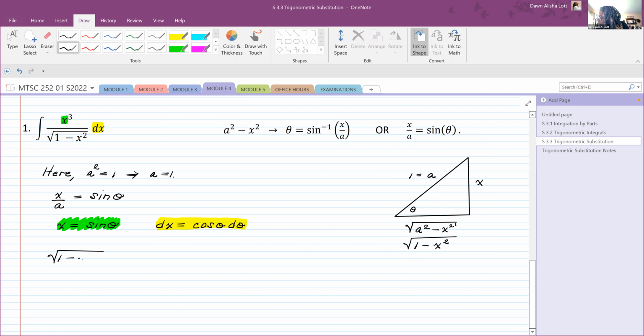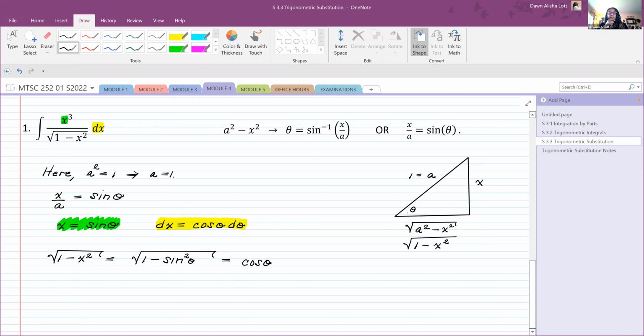You can either use the table if you want, or you can actually figure it out. It is the square root of 1 minus sine squared. And 1 minus sine squared is cosine squared, and the square root of cosine squared is cosine, because we're assuming this angle is between 0 and pi over 2.